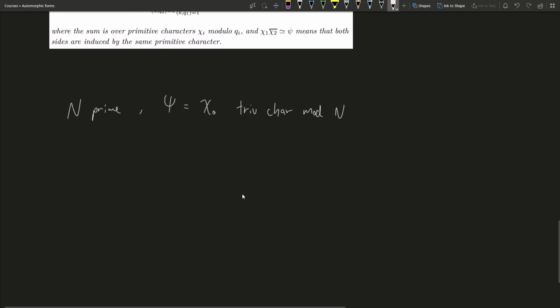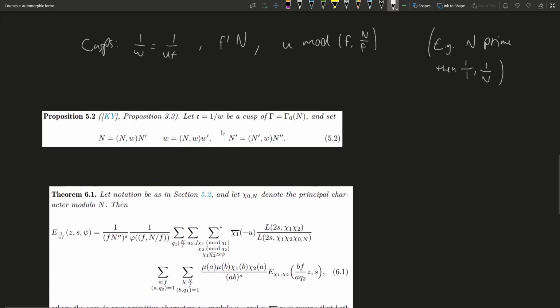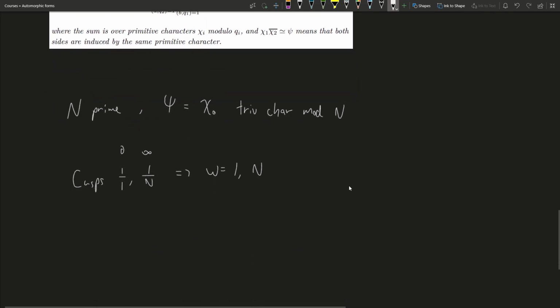Well, let's first look at the consequences of assuming that n is prime. So we have our cusps 1 over 1 and 1 over n. This cusp is the cusp infinity, this cusp is the cusp 0. And that means that w is either 1 or n in this notation. And that implies that f is w and u is 1.